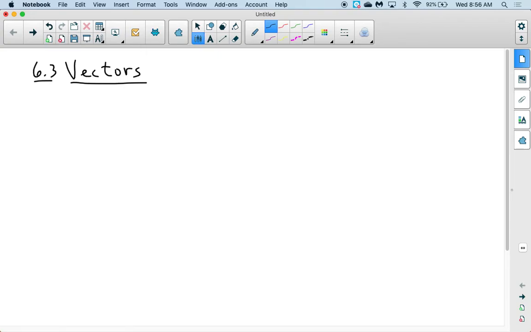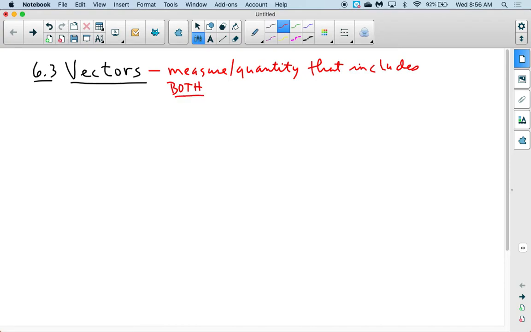A vector is a measure or quantity that includes both, I want to stress this, both a magnitude or size and a direction.